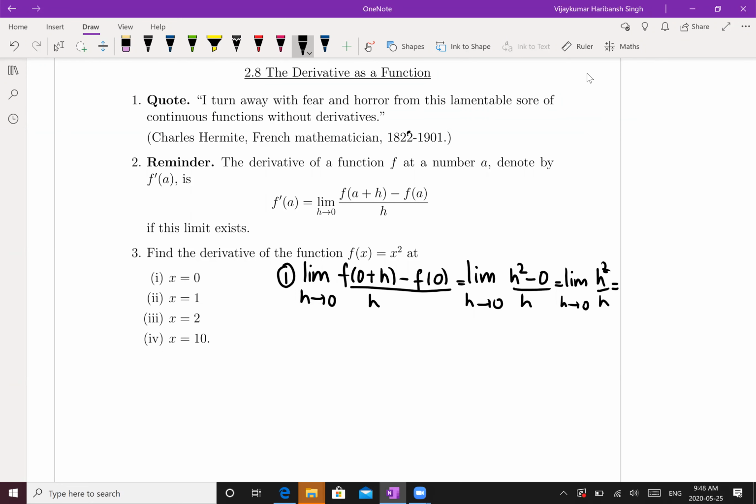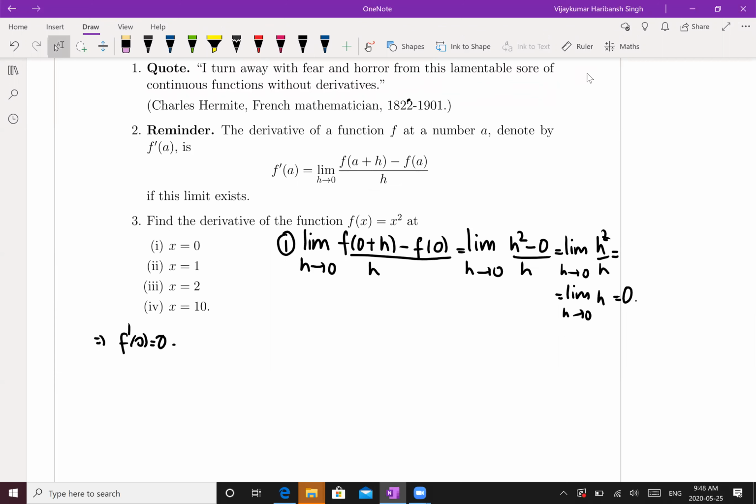You will get limit as h goes to 0 of h, which is going to be 0. So f prime of 0 equals 0. Now let's similarly work for x equals 1, x equals 2, and x equals 10. Now why don't we work directly with x equals a? Yeah. So what is f prime of a?